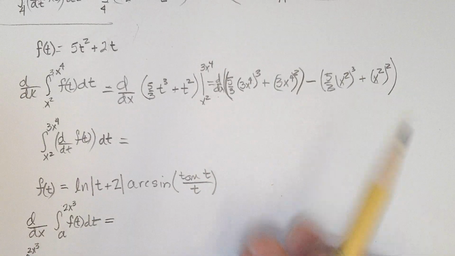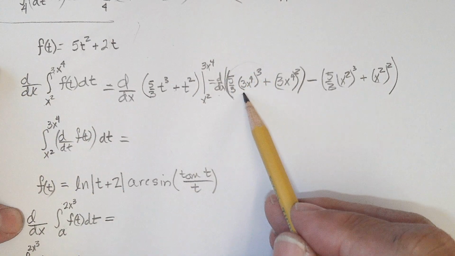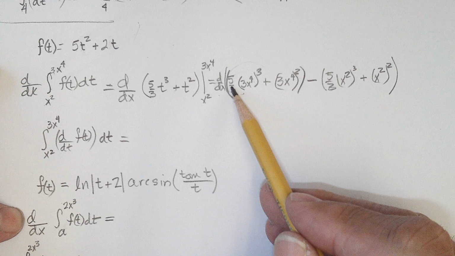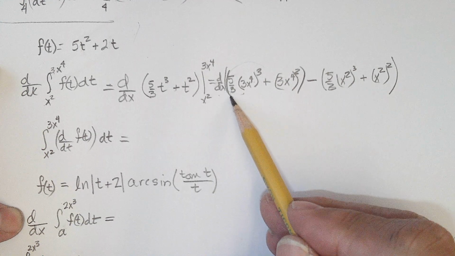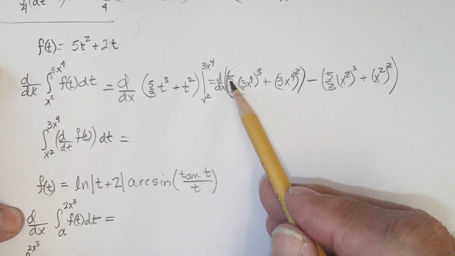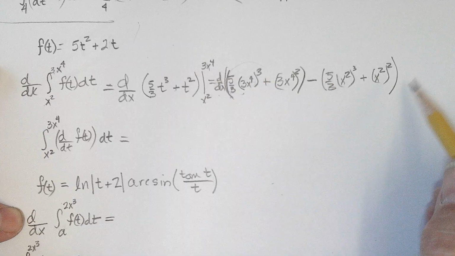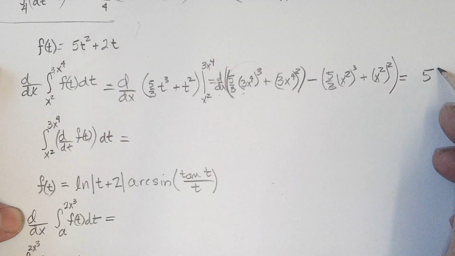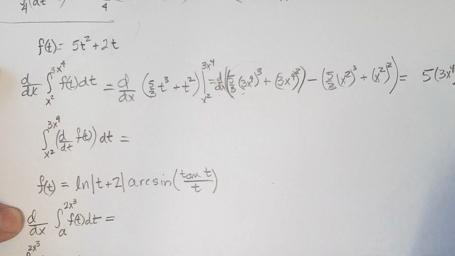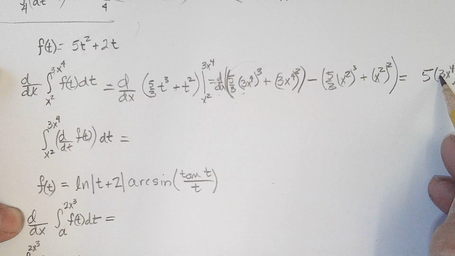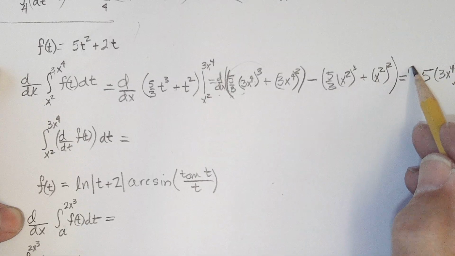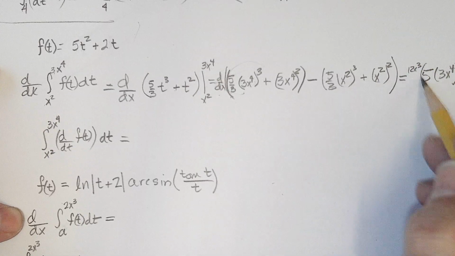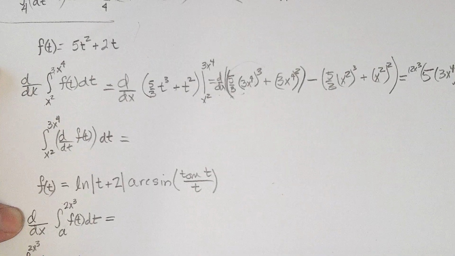Now when I take the derivative of this, the 3 is going to come down, cancel the 3, and I'm going to get 5 this to the 2nd. 5 times 3x to the 4th to the 2nd times the derivative of the inside, which is 12x to the third, because of the chain rule.